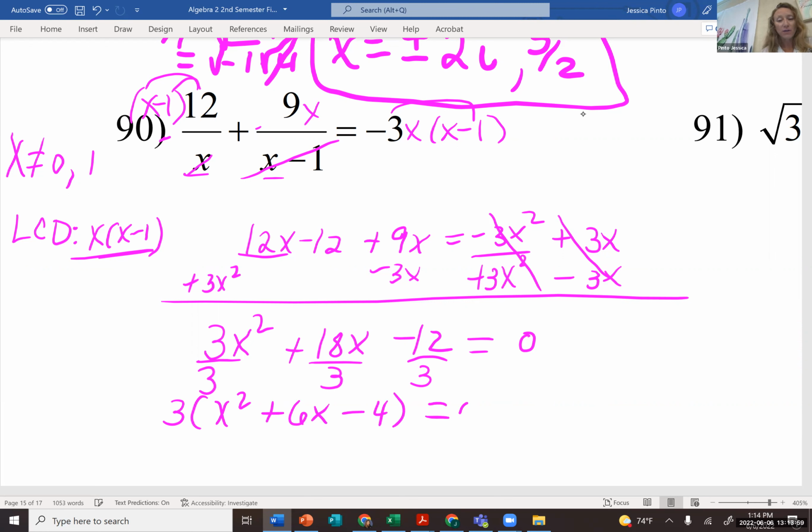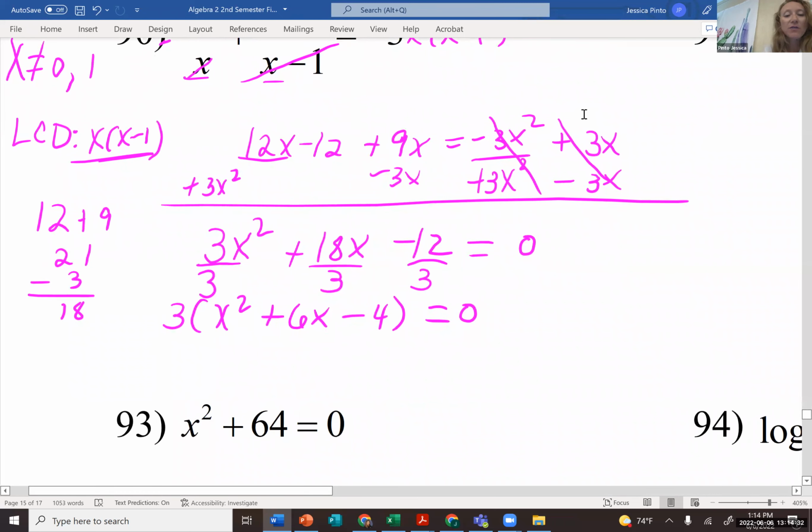Oh no. Dang it. Okay, I hoped I had made a mistake. I'm not seeing this being factorable. So again, I've got to go ahead and use my quadratic formula.